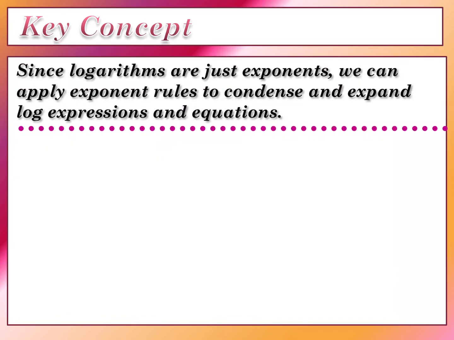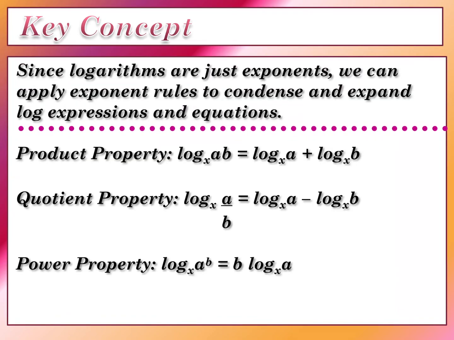Okay, so the first thing that we want to talk about are properties of logs. We can condense and expand logs in three ways. The first is the product property. If you have a times b that you're taking the log of, you can split apart those two values into separate logs and they become addition.